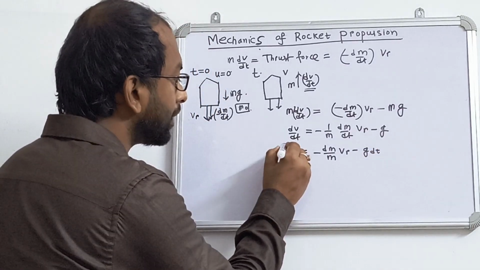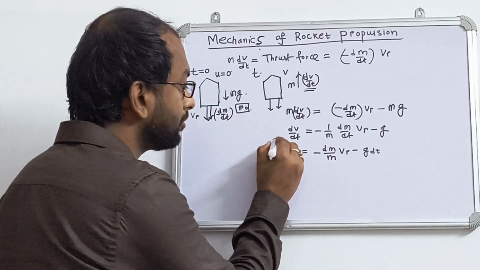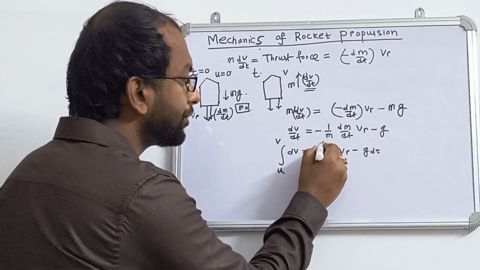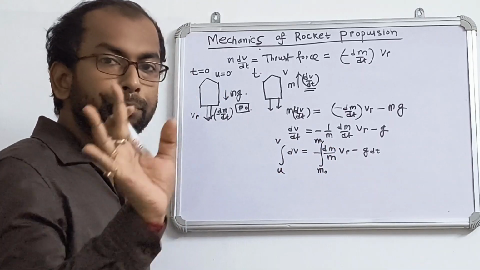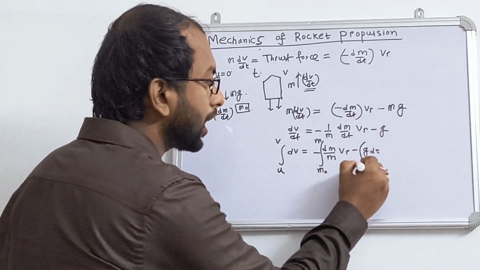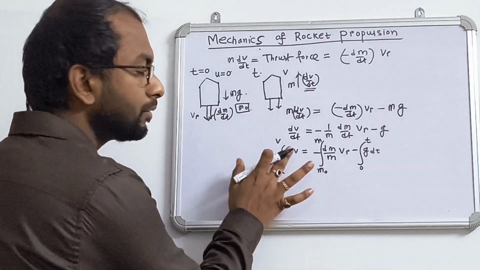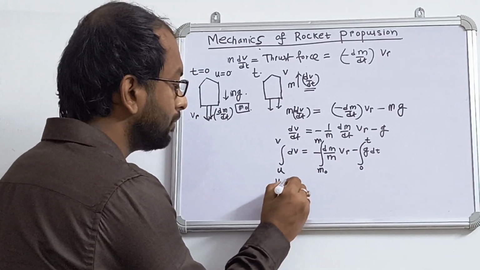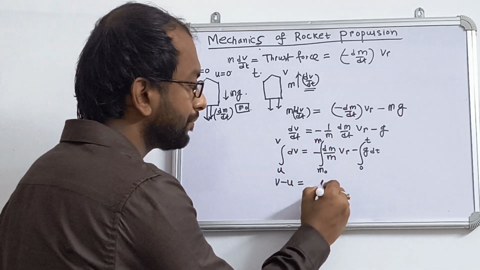Now we can integrate it. So initial velocity, suppose, is u and final velocity is becoming v at any point of time. Initial mass is m naught, it is becoming m at some time t, and the time integration is 0 to t. So what will we get by integrating dv?